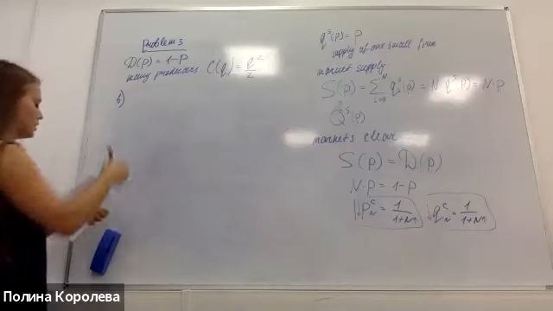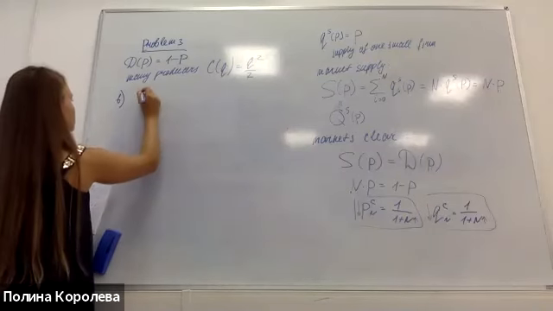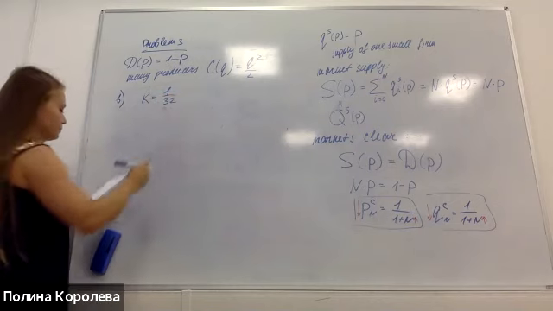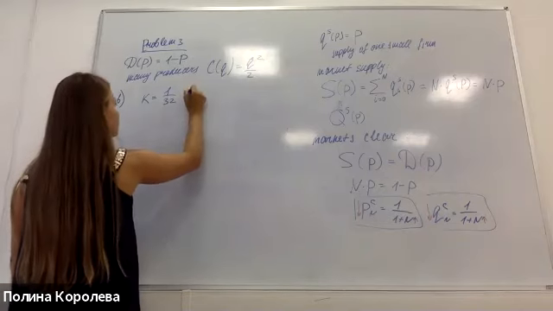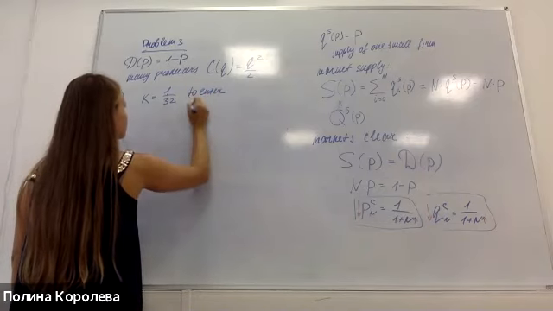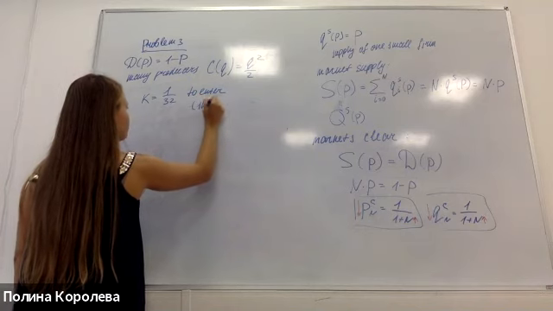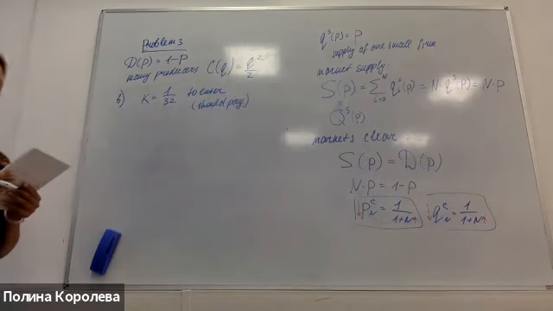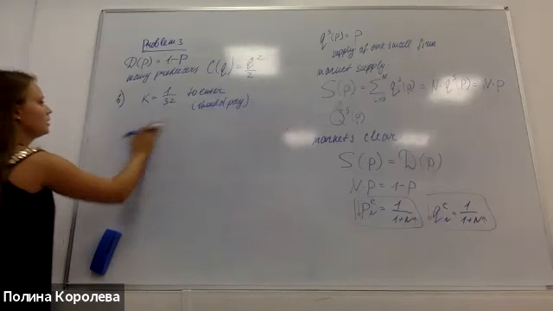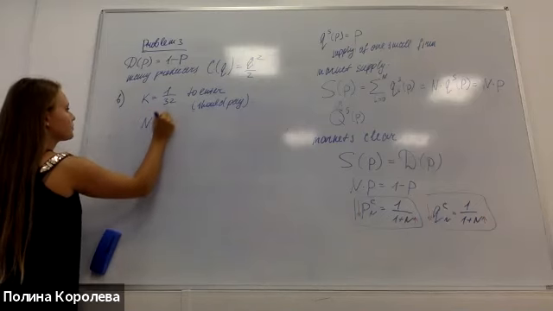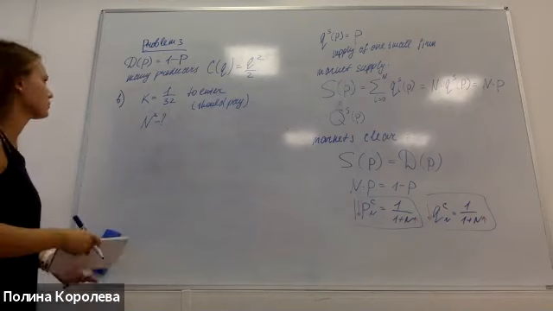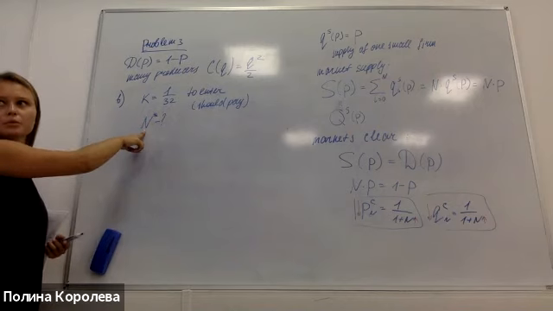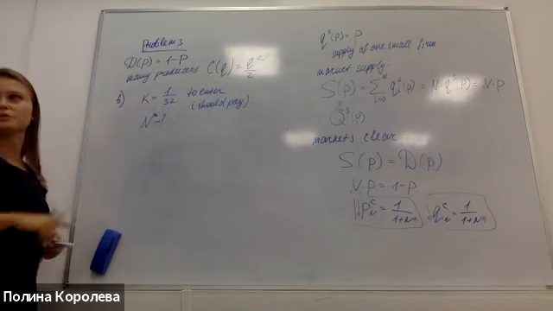But now they have an entry fee to enter the market, which is equal to 1 divided by 32. It refers to fixed costs. And the task is to find the optimal number of firms in the market with such an entry fee.